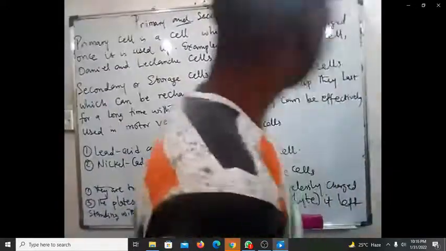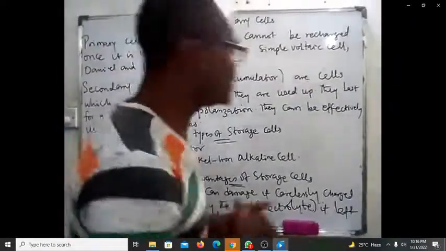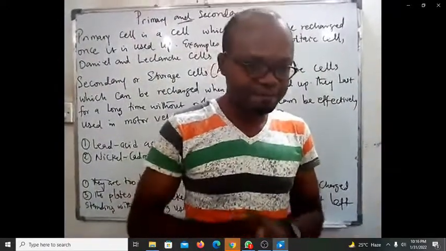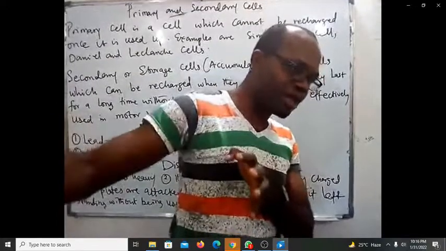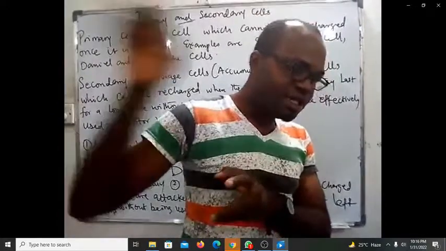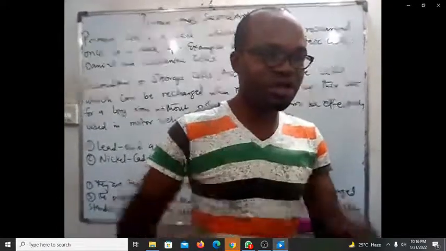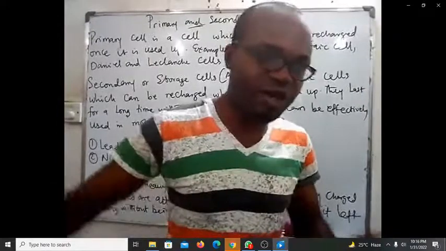Those are the examples of primary cells. Now we have another type of cell known as secondary or storage cells. You can also call them accumulators, because they can be recharged and they can be used for a very long time. You understand? The major defect of a simple cell, known as polarization, does not occur in secondary cells. That's why they can run for a long time.